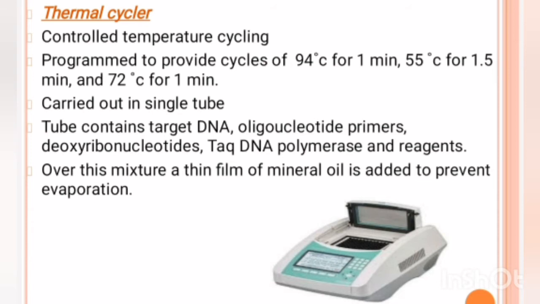The thermal cycler is programmed to provide cycles of 94 degrees Celsius for 1 minute, 55 degrees Celsius for 1.5 minutes, and 72 degrees Celsius for 1 minute in the reaction tube. PCR is carried out in a single tube kept in a thermal cycler, which is programmable to set alternate cooling and heating.